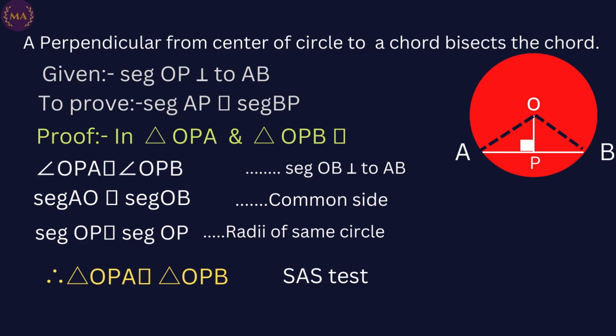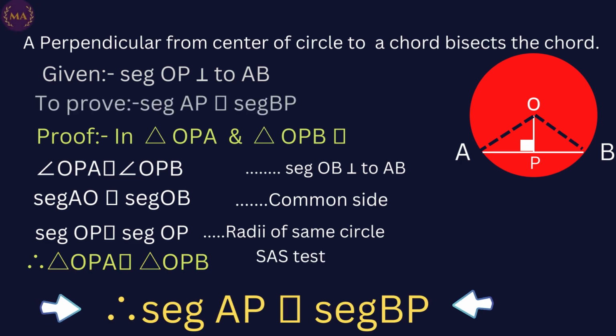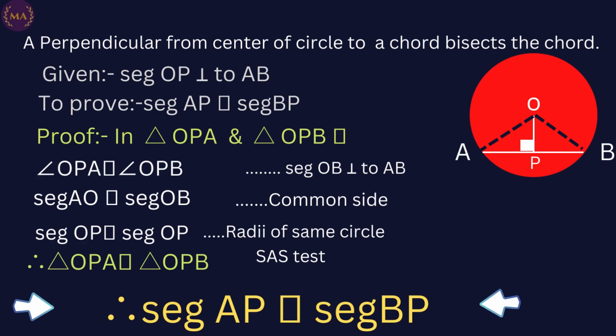That is the side angle side test, SAS test. By the side angle side test, we have two sides equal, one angle equal. Yes. And now using the congruency criteria, what is the next step that we are going to get? Perfect. Segment AP congruent to segment BP. That is what we had to prove, right? We had to prove it equal and we have got it.